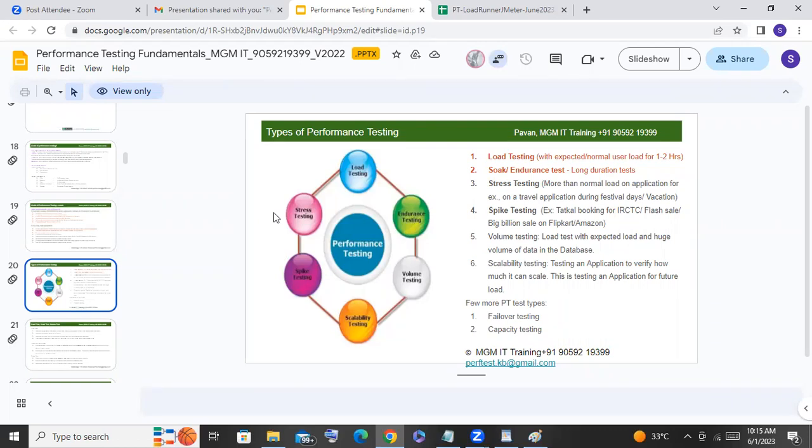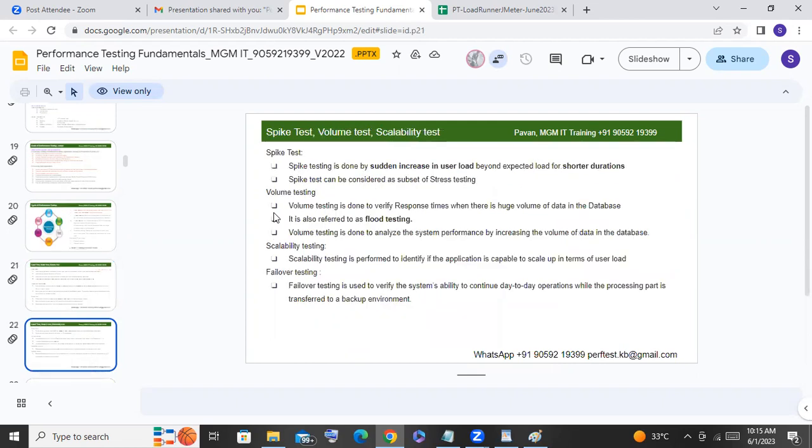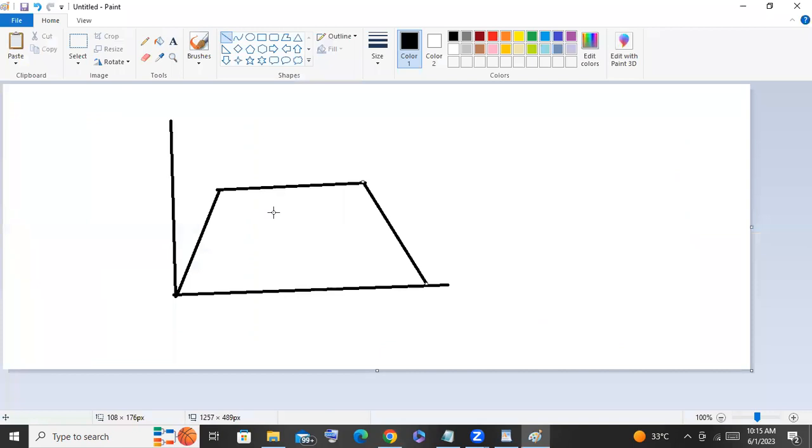Now we have load testing, soak testing, stress testing, spike testing, volume testing. What is volume testing? Testing the application with a large amount of data.